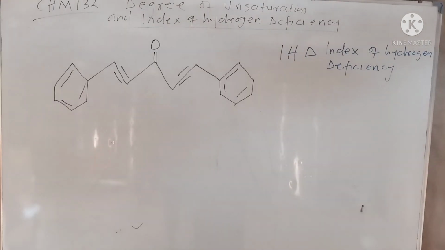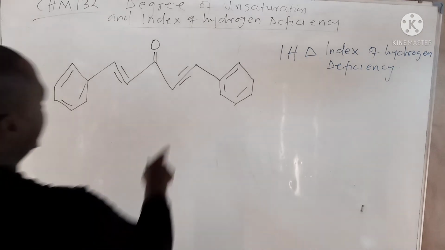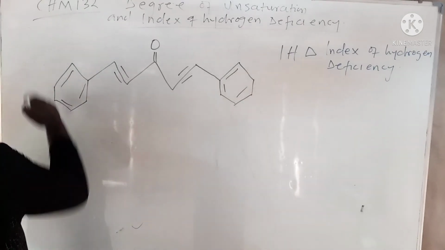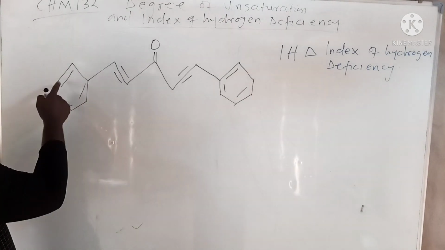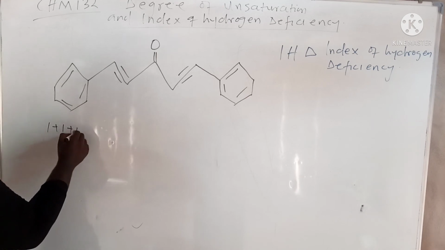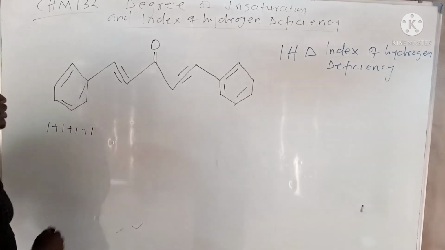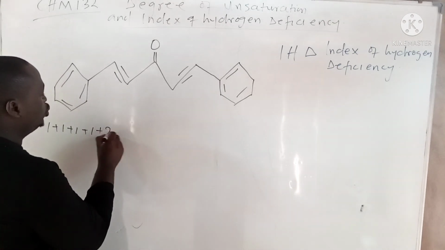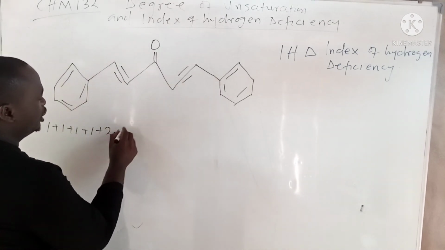Now you have this example on the board and you have to calculate the IHD. Using the shortcut, here is a ring, so you have 1. We have a double bond here, so double bond plus 1, another double bond plus 1, another double bond plus 1. Here is a triple bond, so the IHD for a triple bond is 2. Here is a double bond, plus 1.